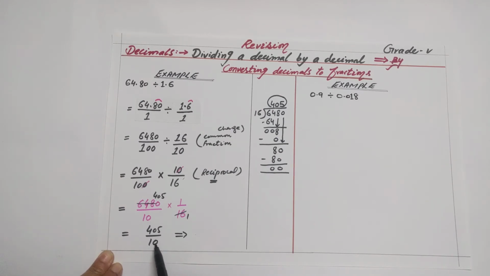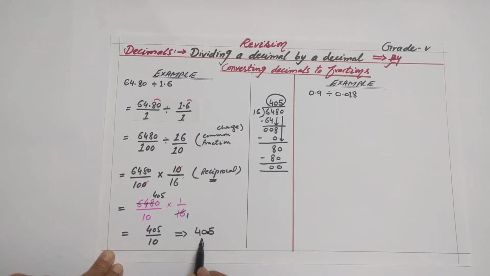In the 10 we have only one zero. So firstly we will write our numerator, and as in 10 we have only one zero, from the right side you can place the decimal according to the zeros of the denominator. As in the denominator we have only one zero, from the right side we will put the decimal after one digit. So our answer is 40.5.